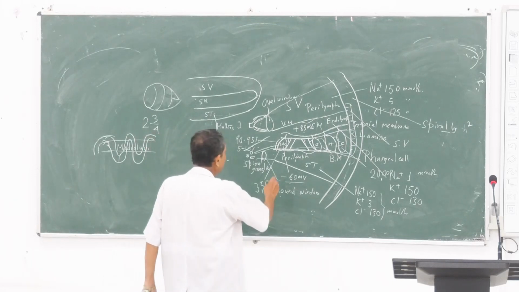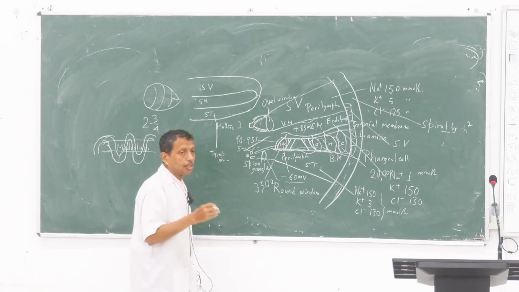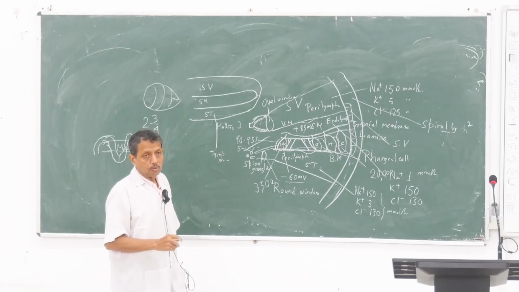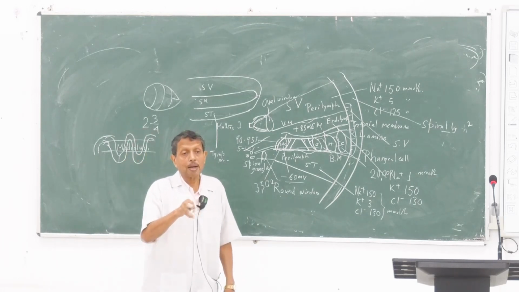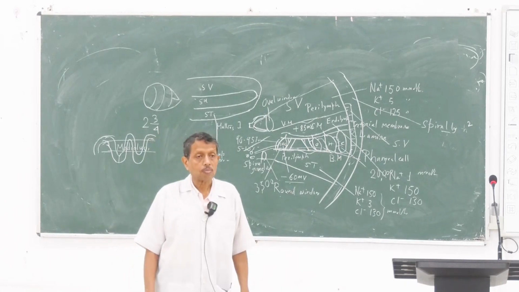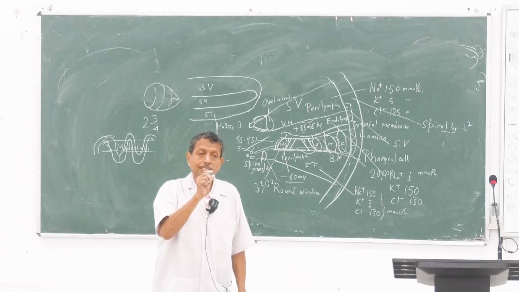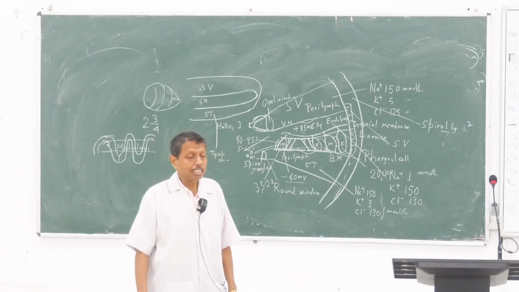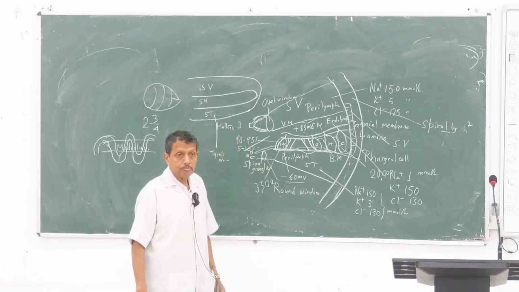These efferent fibers come bilaterally from the superior olivary nucleus, as the olivocochlear tract or nerve. They supply primarily the outer hair cells and to some extent the inner hair cells. Clear?